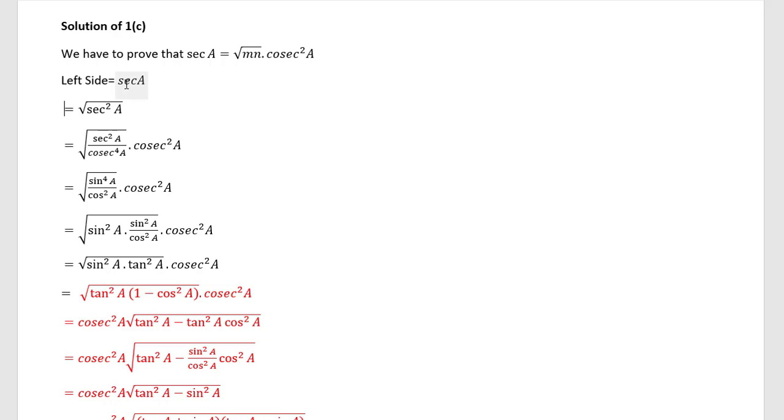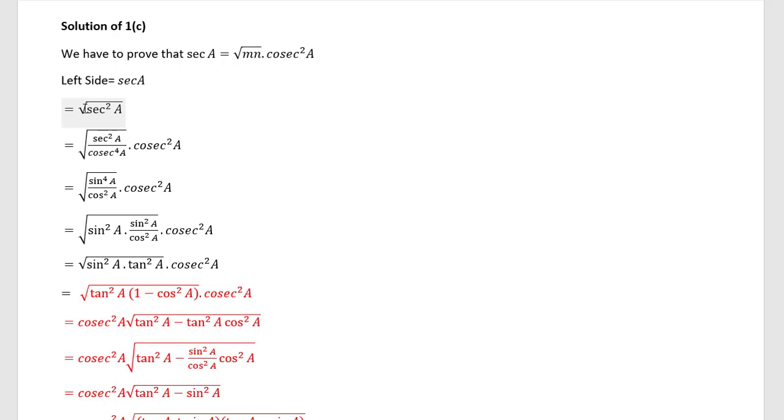Now we want to go to the right side. We want to convert the sec a into root over mn into cosec square a. So you need a root over first. To introduce this root over, you will write root over sec square.